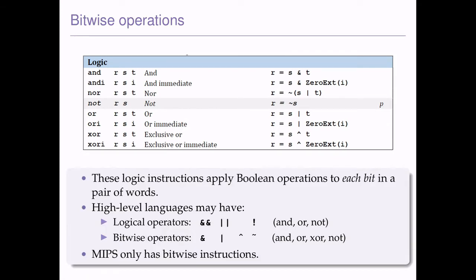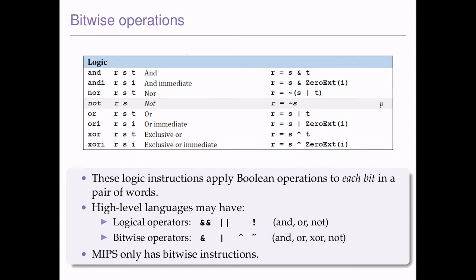So these apply to each bit in a pair of words. If we use AND, for example, we apply AND to both of the values in the ones column, both of the values in the twos, then the fours, then the eights, and so on. So we compare it to the corresponding value in the other word.